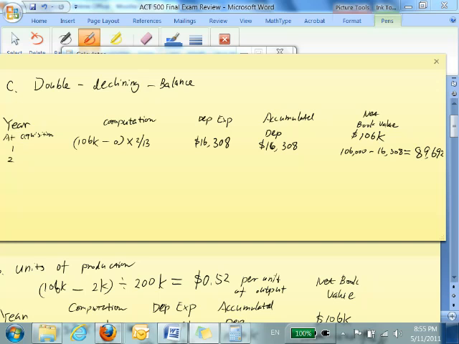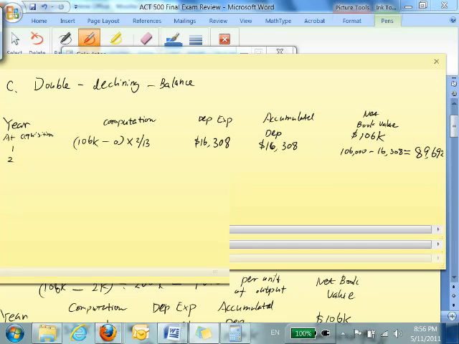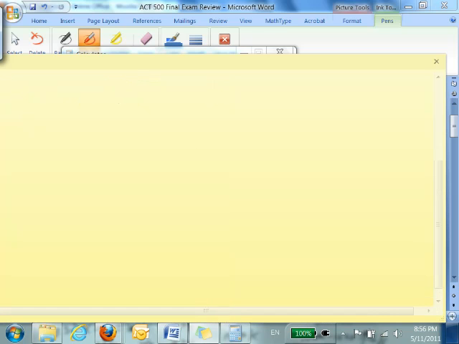In year two, the computation for depreciation expense goes like this.